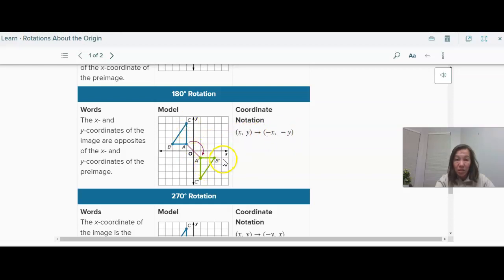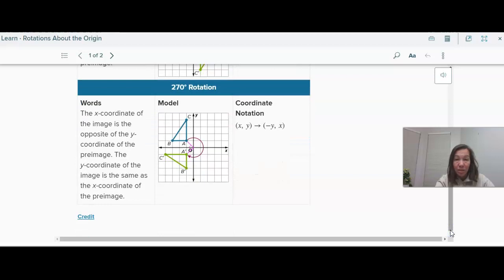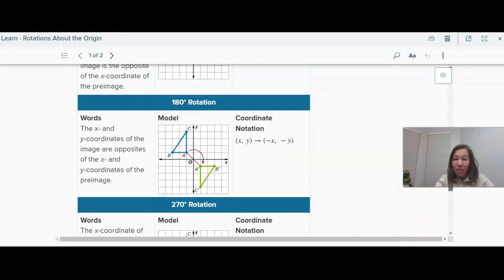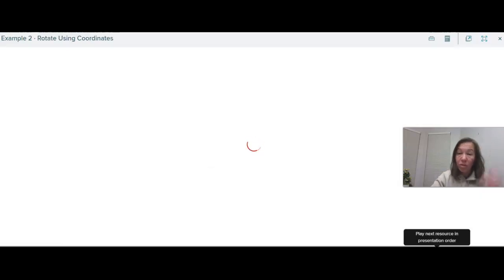So every point gets the opposite sign. For a 270 degree rotation, (x, y) becomes (y, negative x)... the opposite of y, and then x. For all of these clockwise rotations, this will always be the coordinate notation.